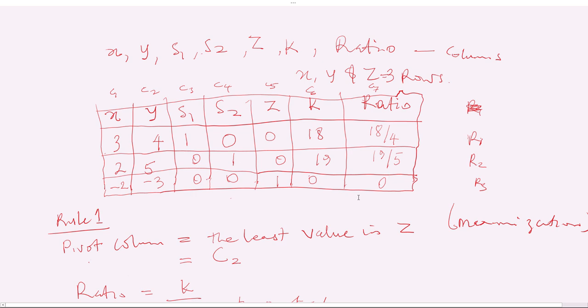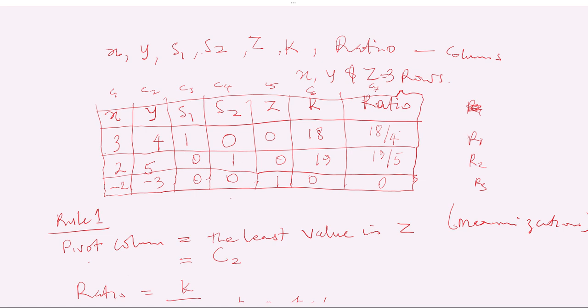So if you compute this, 19 divided by 5 equals 3.8, and 18 divided by 4 is 4.5.